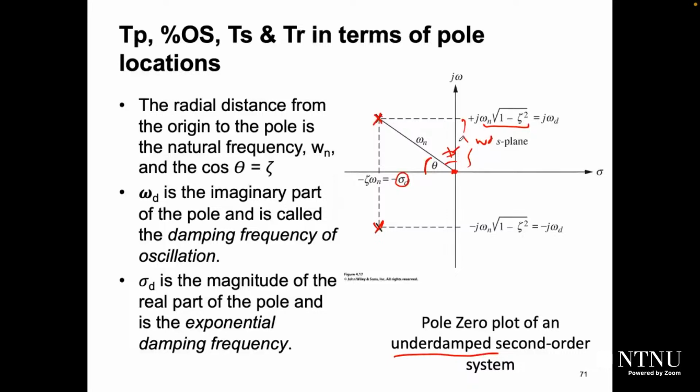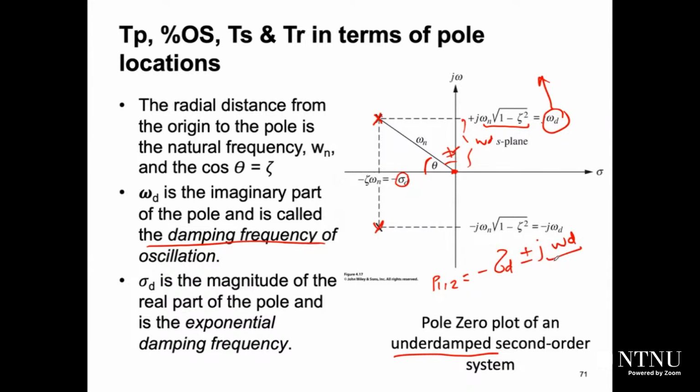Omega d is the imaginary part of the pole and is called the damping frequency of oscillation. So we can just write our poles p1 and p2 as minus sigma d plus or minus j omega d.